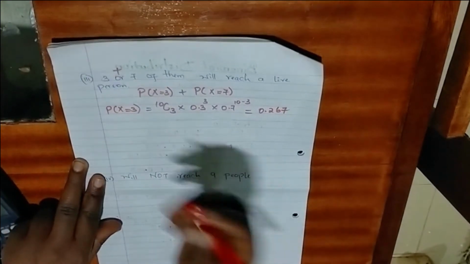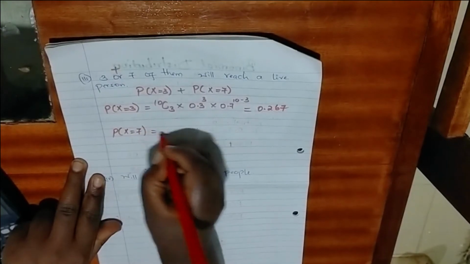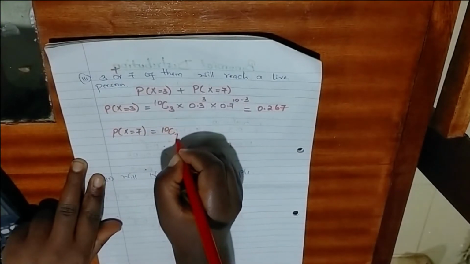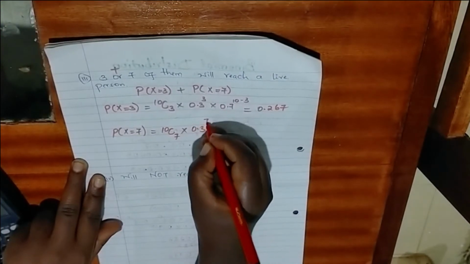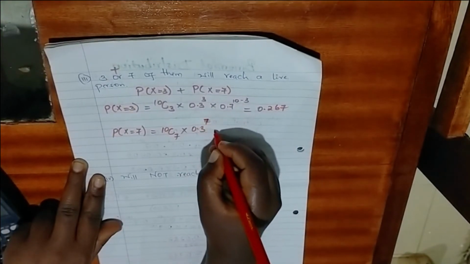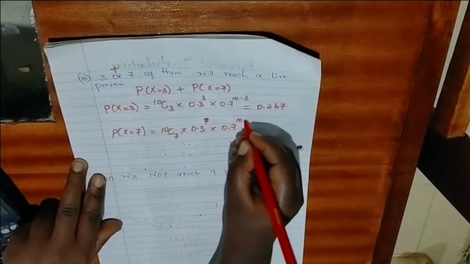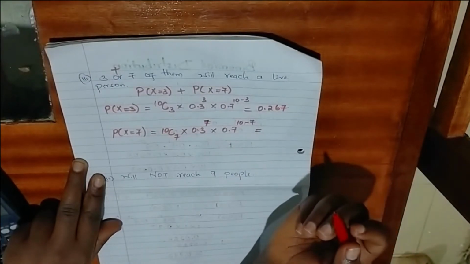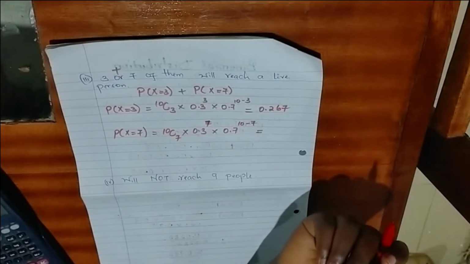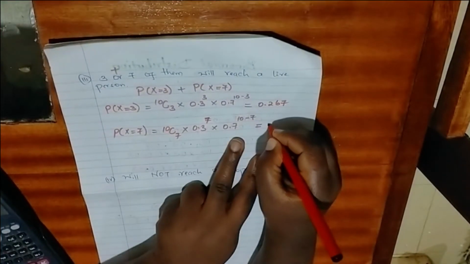On the other hand, the probability of reaching exactly 7 is 10 combination 7, times 0.3 raised to power 7, and then 0.7 raised to power 10 minus 7, which is 3. And this will be 0.009.